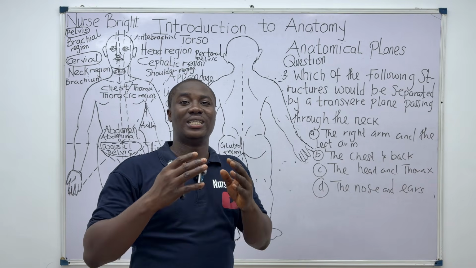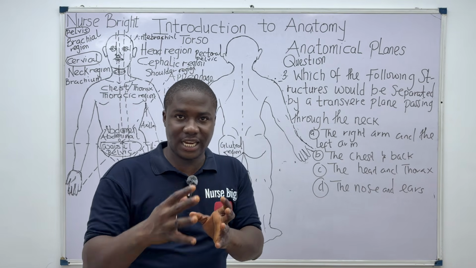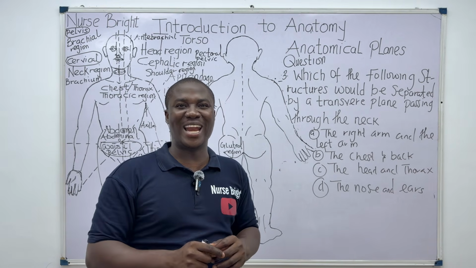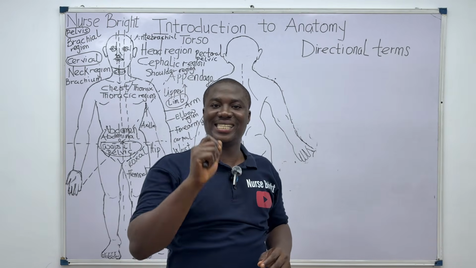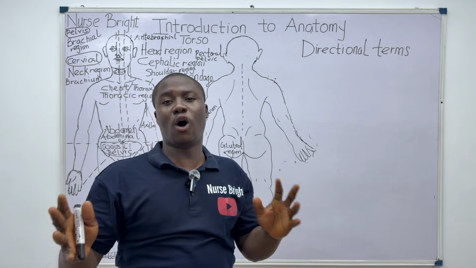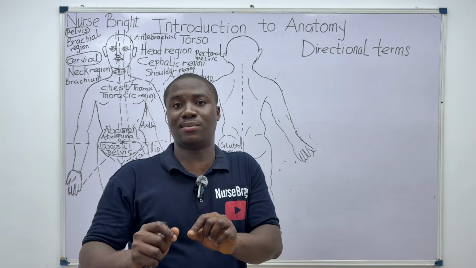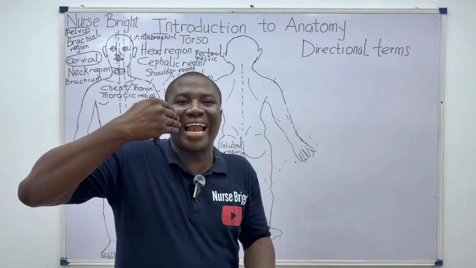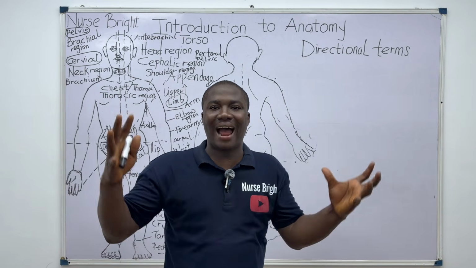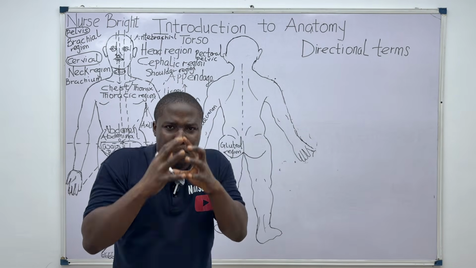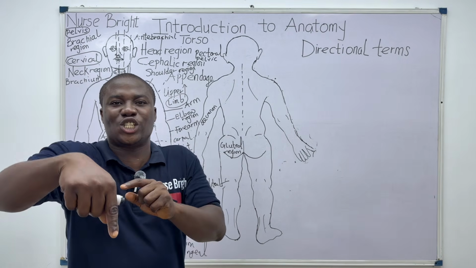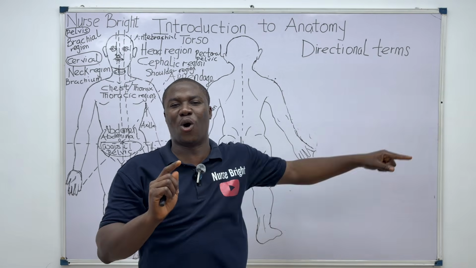Let's get into the next aspect of this introductory class lesson on anatomy called directional terms. Okay, guys, let's get into what directional terms are all about. Directional terms are standard anatomical terms used to describe the direction of one part of the body in relation to another part of the body.